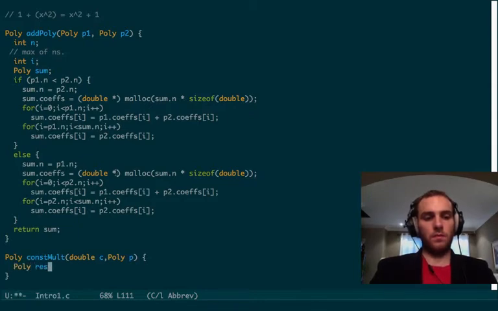Poly result dot n equals p dot n, and the result dot coefs double malloc.